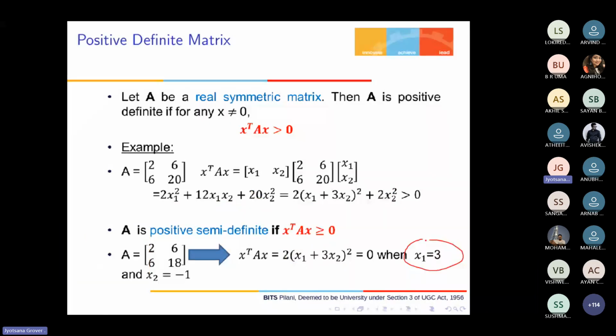So if you take a non-zero vector, and it turns out to be equal to 0, for other values of x1, x2, it is strictly greater than 0. So in this case, if you have some x for which this value goes to 0, then you say, okay, it is positive semi-definite.